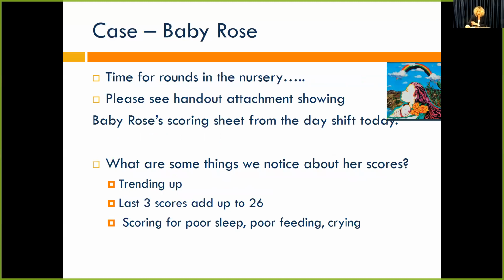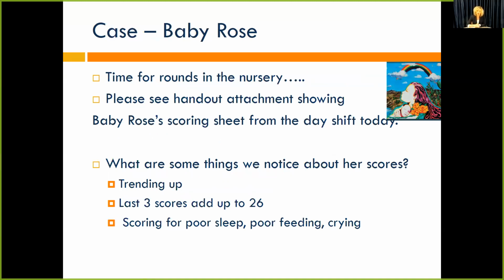So now we're ready to start looking at some more details for baby Rose's care. One of the handouts that you should have for this talk is a scoring sheet for baby Rose's team overnight. Taking a look at that, you might notice that since she came to the floor, in the past 12 hours, her scores have been trending up.